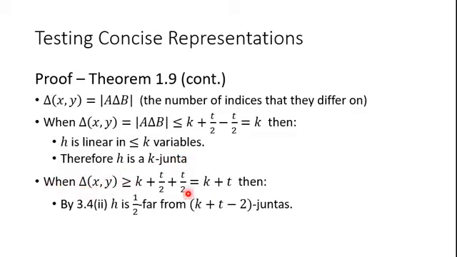We get that it is larger or equal to k plus t. We then go to Proposition 3.42, which I will present again just to remind you, where we can see that h is half far from k plus 2t minus 2 Juntas. So we will now see this proposition. Remember that in our case we have k plus 2 versus k plus t minus 2.